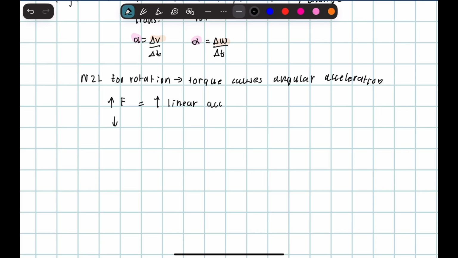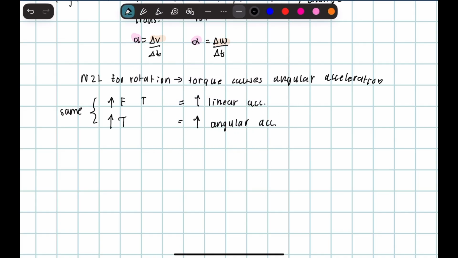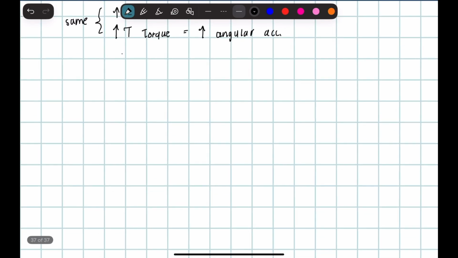And essentially they're the same: if you increase the torque, which is tau, that's going to be an increase of angular acceleration. Also, a bigger moment of inertia will mean that you have a smaller angular acceleration.